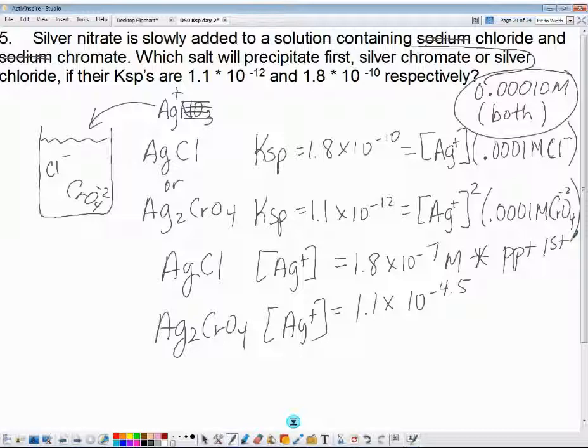Where did I put this yesterday? Graded ones. It doesn't matter. You don't have to have your name on it. There you go. It just helps when I have names on them.